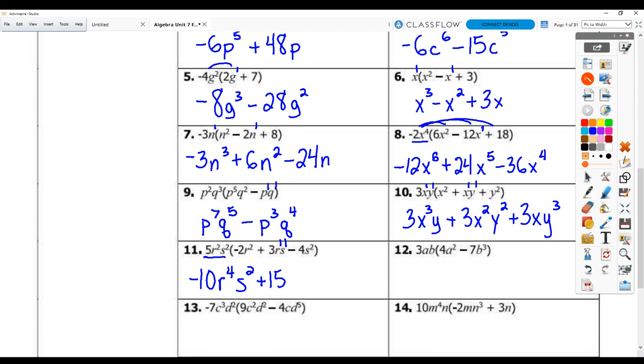So r squared times r to the 1st is r to the 3rd. S squared times s to the 1st is s to the 3rd. 5 times negative 4 is negative 20. R squared times nothing is r squared. It's the invisible 1. S squared times s squared is s to the 4th.